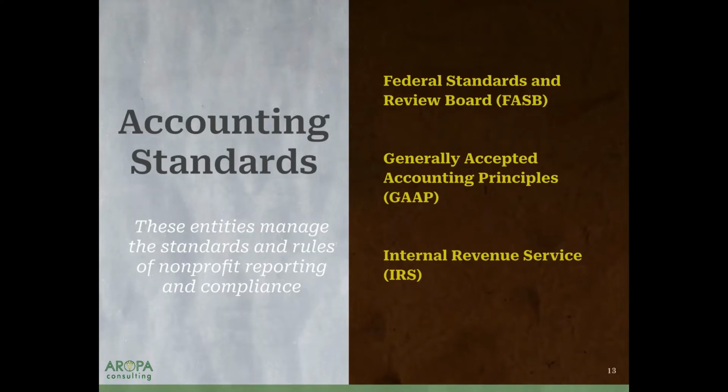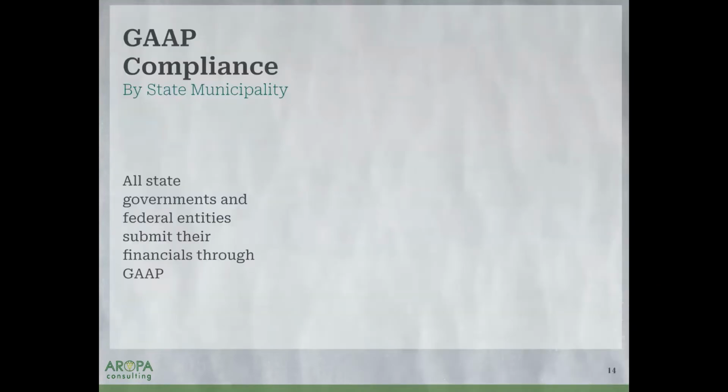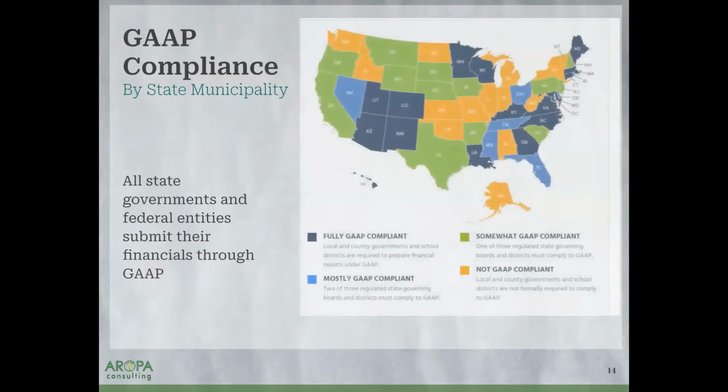There's also the Government Accounting Standards Board, and that is for managing government accounting and government reporting. I will say, though, all governments, both federal and state governments and federal entities, submit their financials through GAAP, meaning they use GAAP as their standard. However, local governments, so maybe a city government, a county government, and school districts, have the option, based on each state, to use GAAP or not.